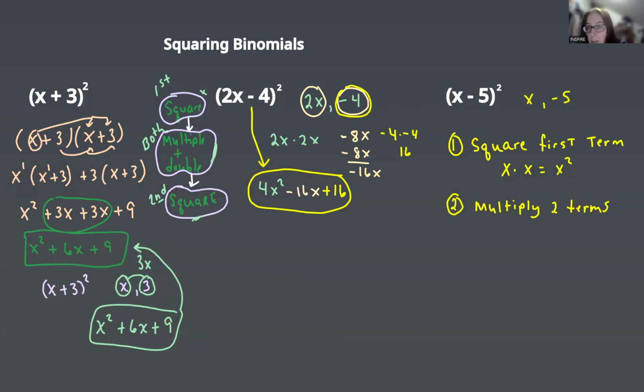So I'm going to take -5 times x, which is -5x. Double the answer. -5x and -5x is -10x.